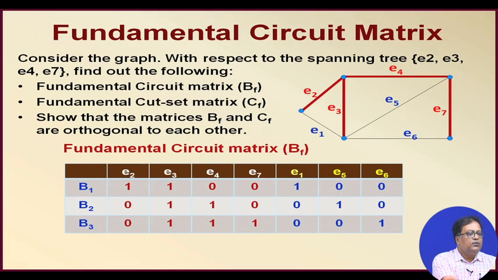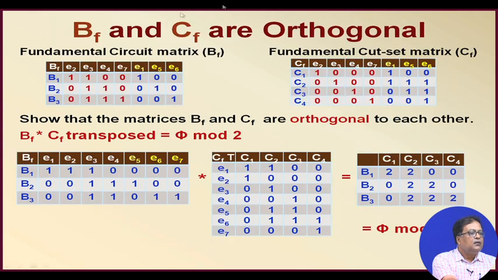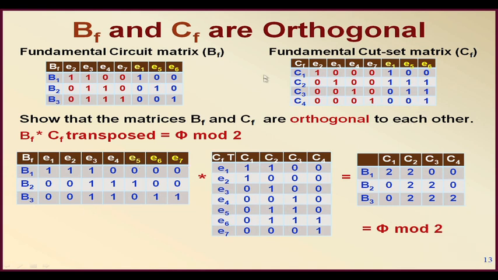So, let us look at that here. This is the fundamental circuit matrix and we have put it in this manner E1, E2, E3, E4. Similarly, this is the fundamental cut set matrix, and that is also arranged in a transposed manner, because if you have to do matrix multiplication, this side and this side should be exactly the same. So, if this is 3 by 7, this should be 7 by something.